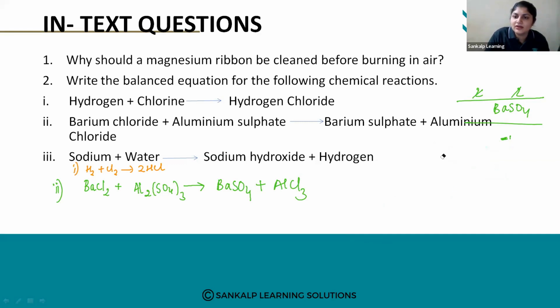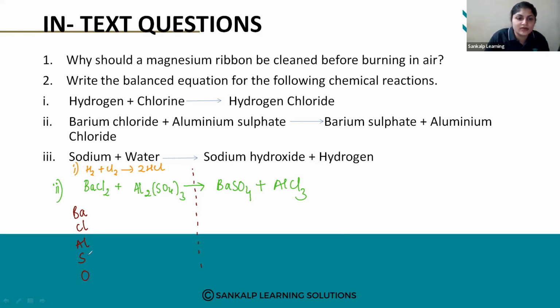So now we'll see how to balance it. Now here, what all are there? BaCl, aluminium, then sulfur, oxygen. Sorry, sulfate only we will take together.